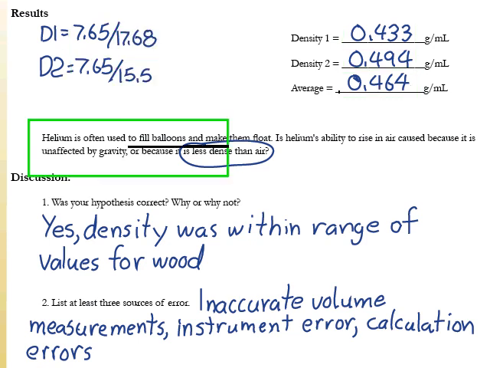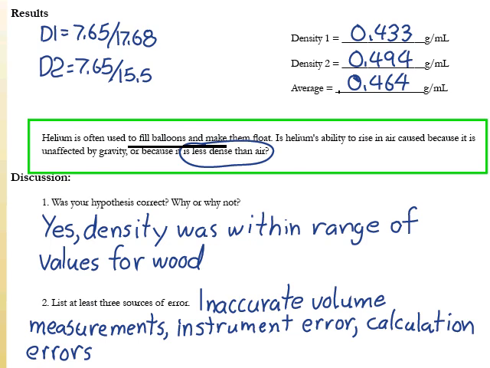And then I had a question here to answer. Is helium's ability to rise in air caused because it is unaffected by gravity or because it's less dense than air? Well, it's because it's less dense than air. And what I was hoping you would do is connect what we talked about in part 1, that everything is attracted by gravity. So why is it that if you have a helium balloon and you let it go, it goes away from the Earth? Well, the reason is because it's less dense than air.